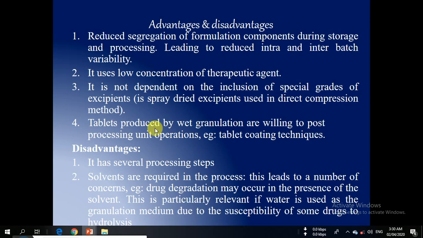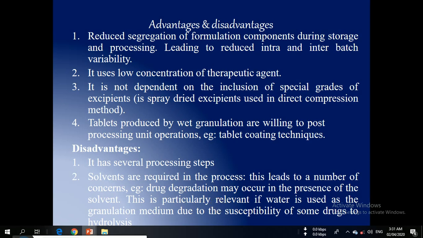What are the disadvantages of the wet granulation method? There are several processing steps. You will have to process the tablet through various steps, so this is a very laborious, long-term process. Solvents are required, and this leads to a number of concerns. For example, there may be a chance of drug degradation in the presence of solvents.